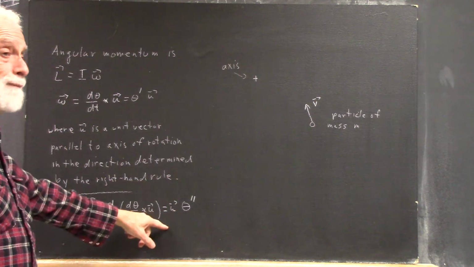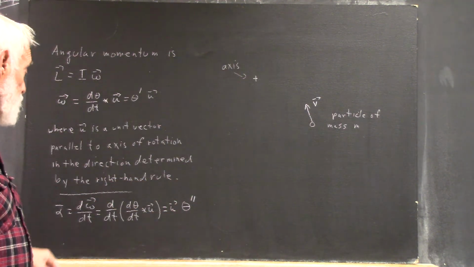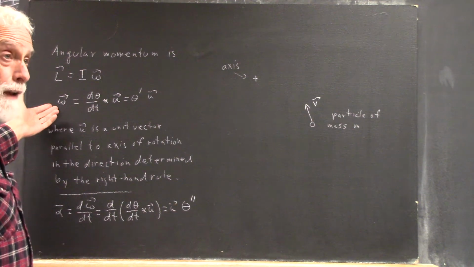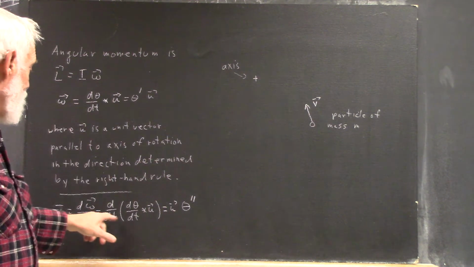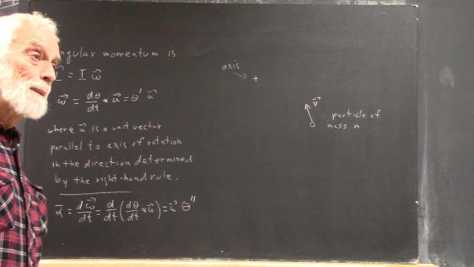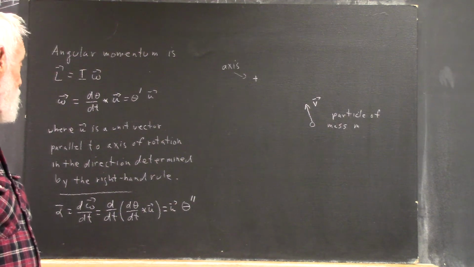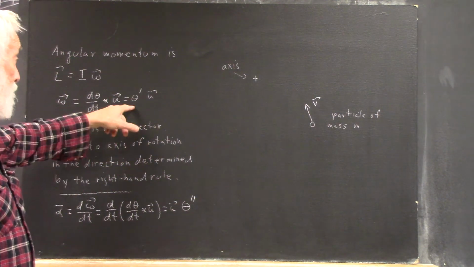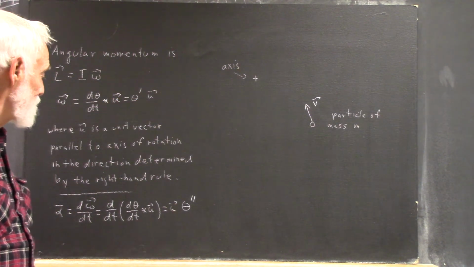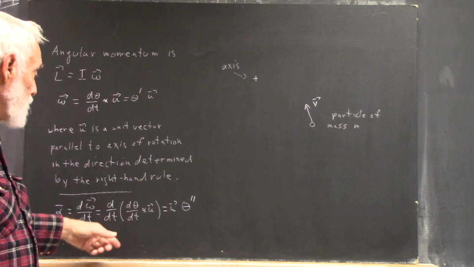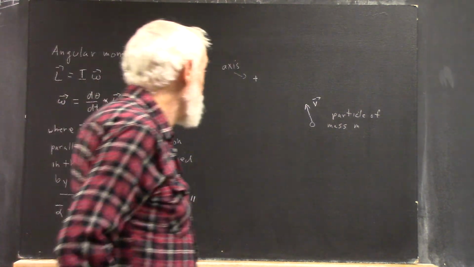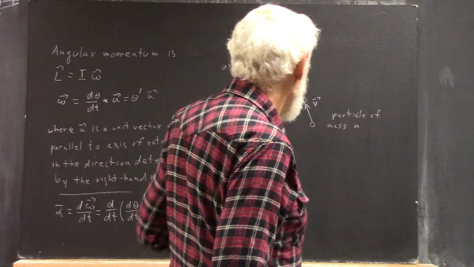Same vector, okay? So there's your angular acceleration. Now your angular acceleration could actually be in the direction opposite your angular velocity because the derivative d theta dt might be negative, okay? Or omega could be negative if theta prime is negative, and then this could be either positive or negative depending what the second derivative is. Okay. So that's kind of the framework.